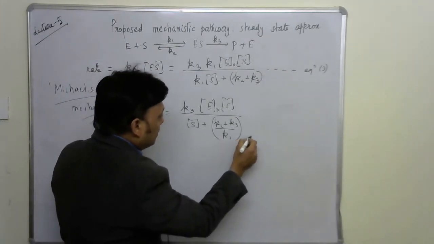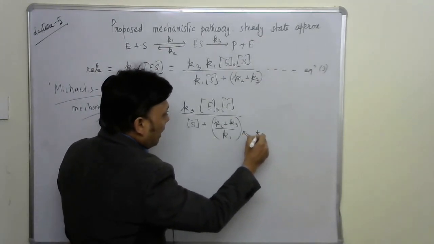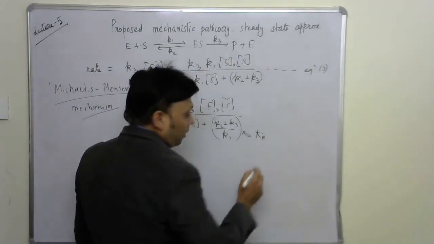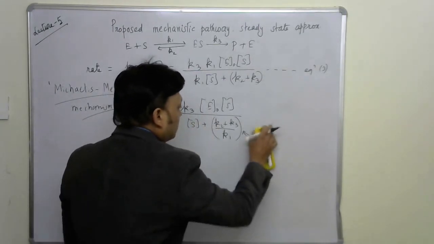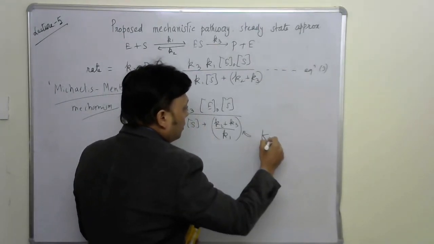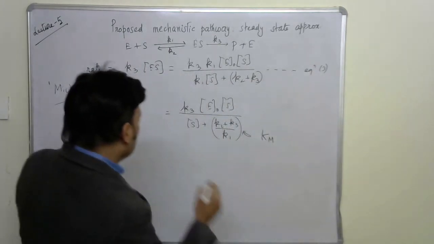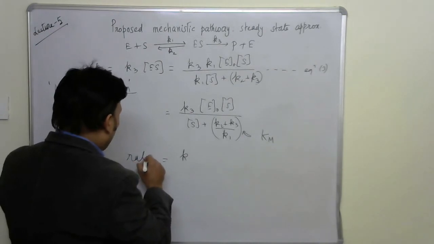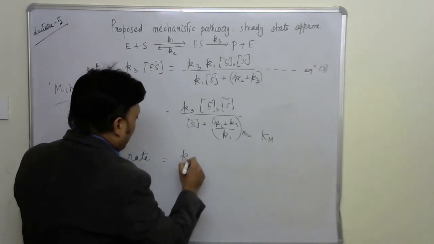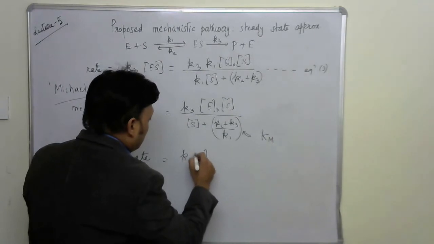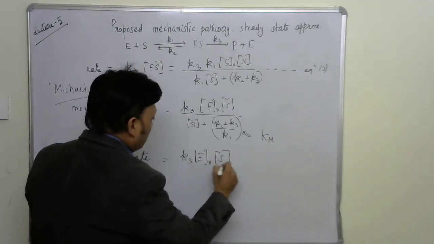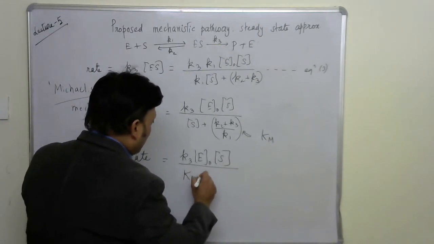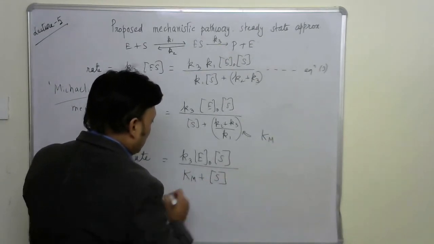This constant is known as K subscript uppercase M, Km, which stands for the Michaelis-Menten constant. So we write the rate of the enzyme catalyzed reaction is equal to K3 multiplied by E naught multiplied by S divided by the constant Km plus the substrate concentration S.